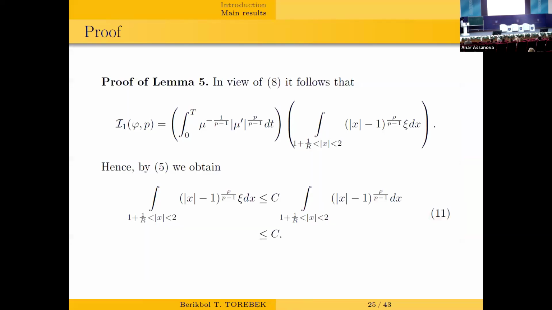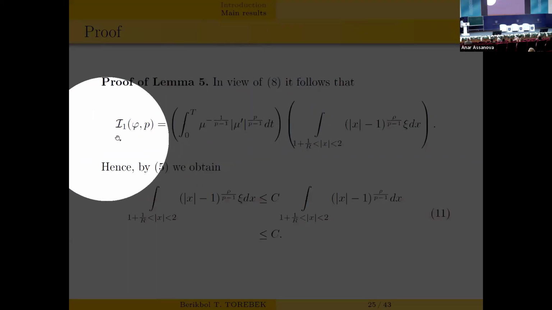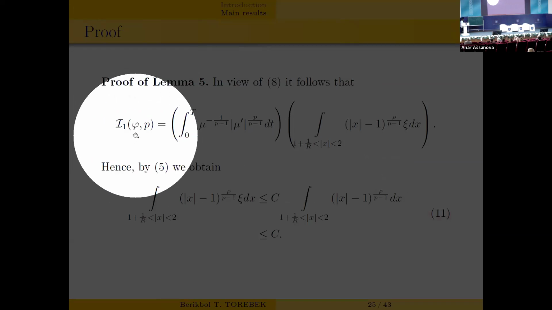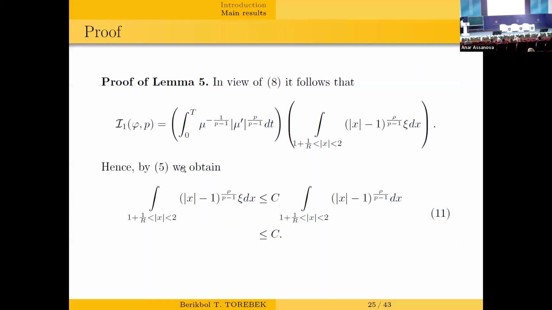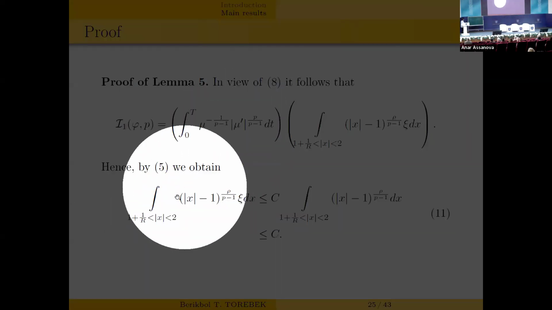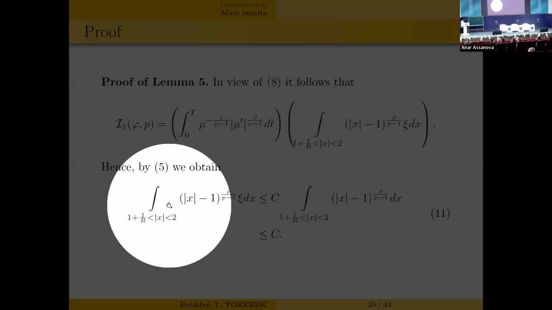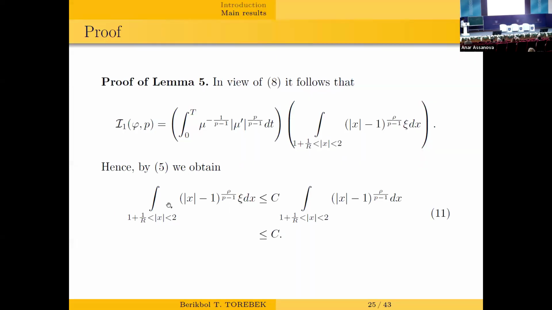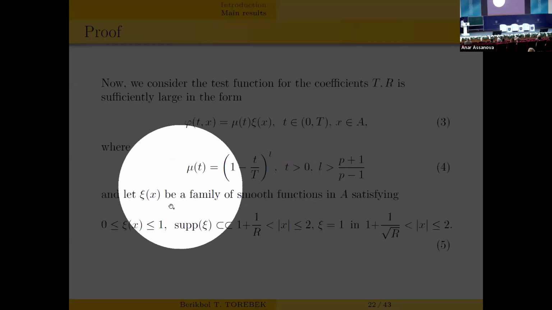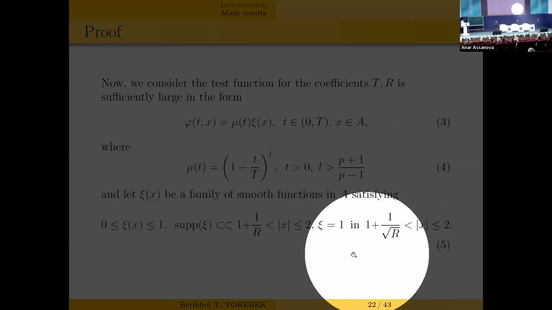And let us give a simple proof of this statement. We can rewrite the integral I1 in this form because our test function can be written separately by x and by t, and we can calculate each one differently. From 5, this was the property of the test function by x.